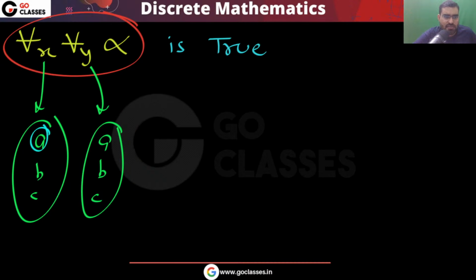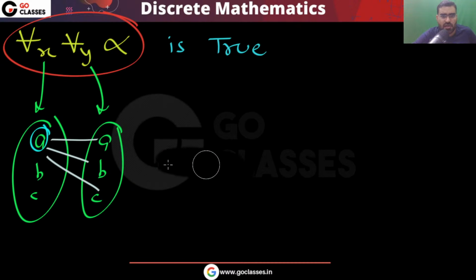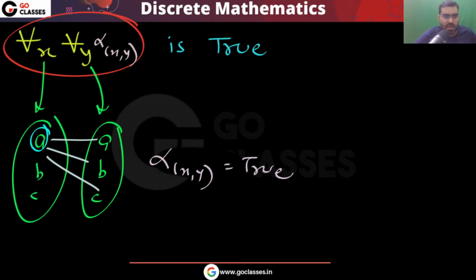For every value of x, you take every value of y with this, so this should be true.